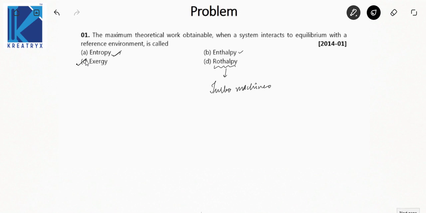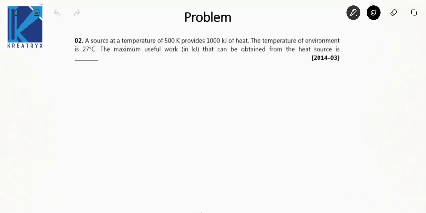Let's move on to the next question. A source at a temperature of 500 Kelvin provides 1000 kilojoule of heat. The temperature of environment is 27 degrees Celsius, that is 300 Kelvin. Find the maximum useful work that can be obtained from the heat source.